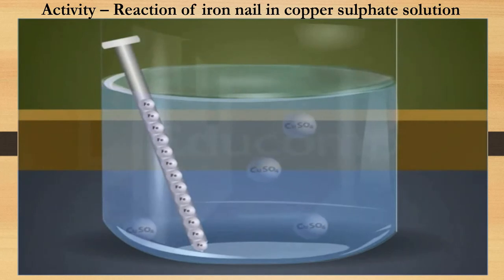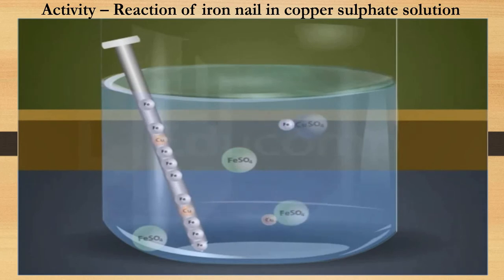So in general, if an iron nail is dipped in the copper sulfate solution, copper being less reactive is displaced and gets deposited on the iron nail, and hence iron sulfate of green color is formed. If we touch the bottom of the test tube, we will observe that the test tube becomes hot.